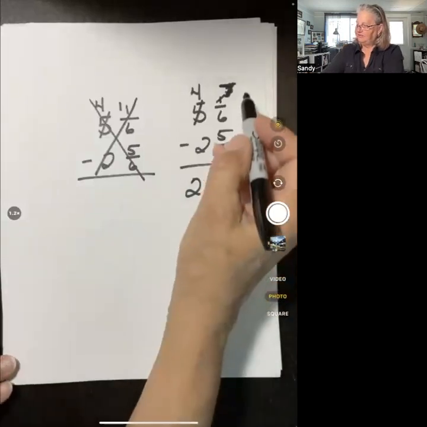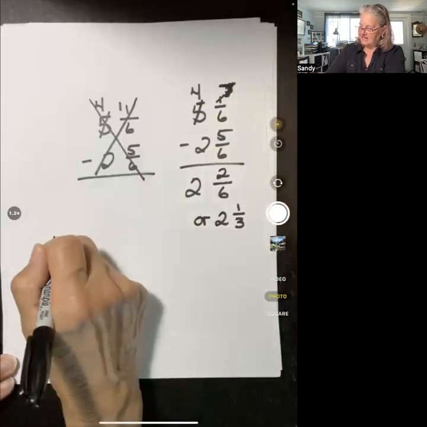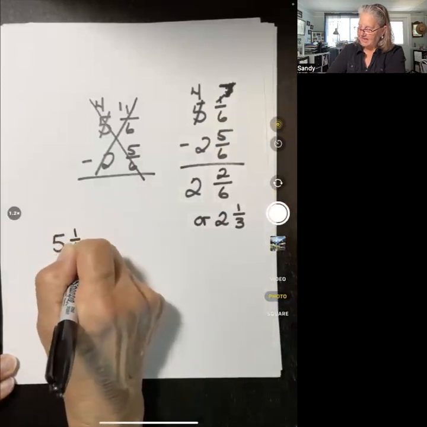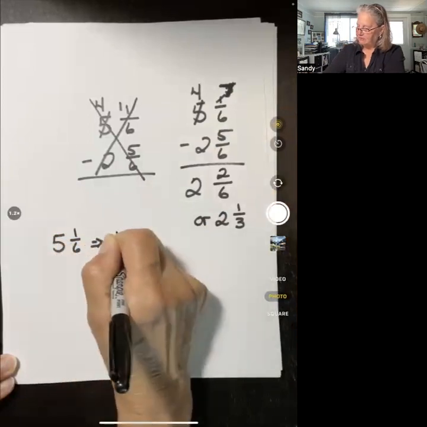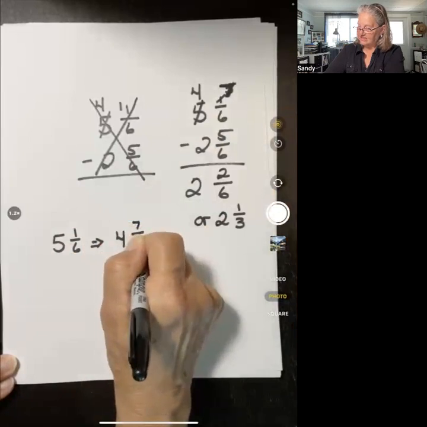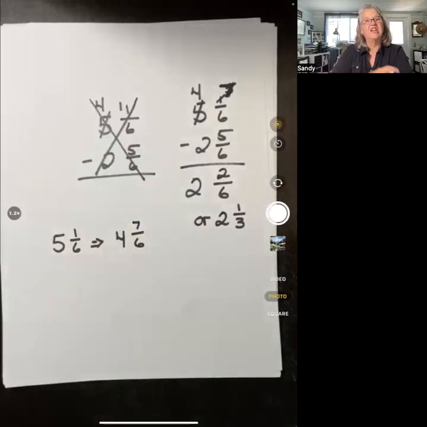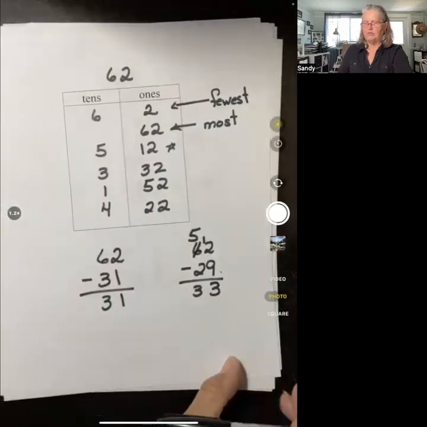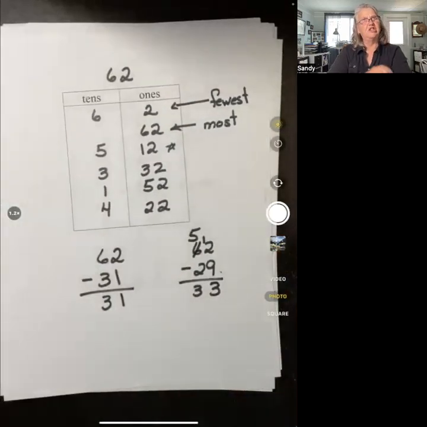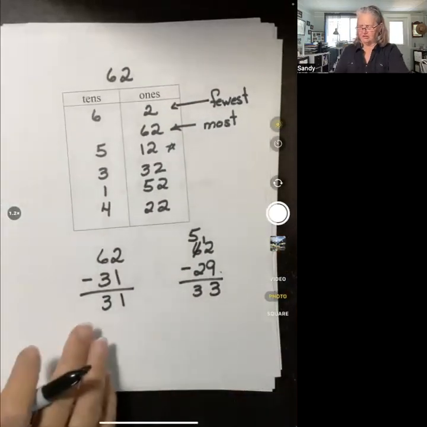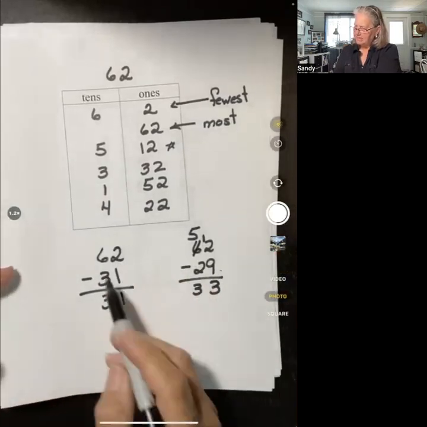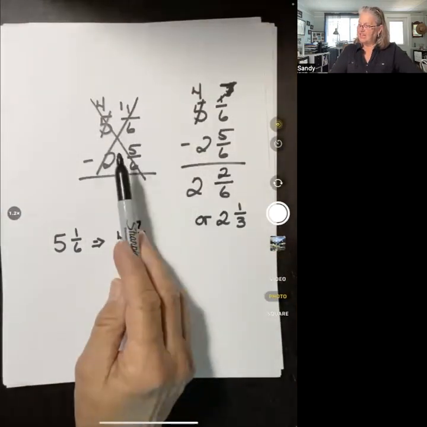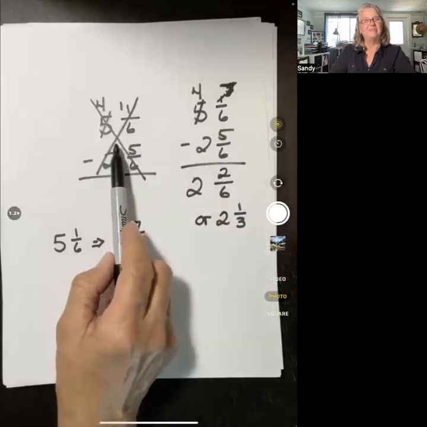So this equivalency idea, thinking of 5 and 1/6 as the same as 4 and 7/6, really is an important concept. But it will begin with having your child start to play around with equivalent ways to make the same numbers. So it's not just a rule that they're doing, but understanding behind the rule so that when they get here, they don't make this mistake.